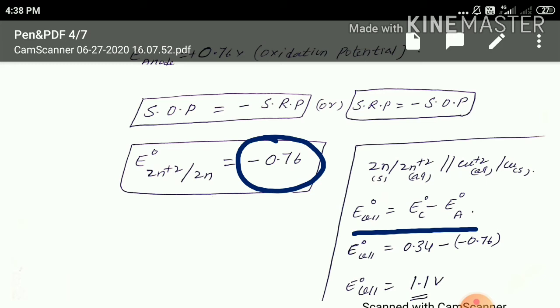So not only the hydrogen electrode is a reference electrode, some other electrodes are also there as reference electrodes, that is calomel electrode and silver chloride electrode. Those are also reference electrodes, but according to IUPAC convention, the hydrogen electrode is the best reference electrode.